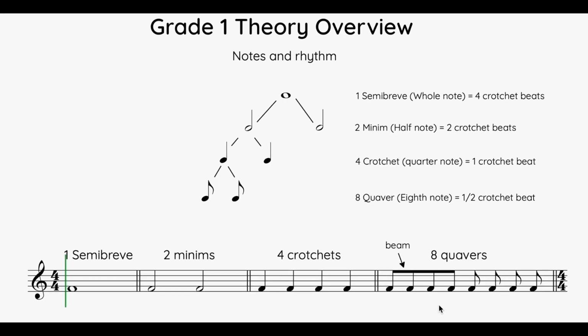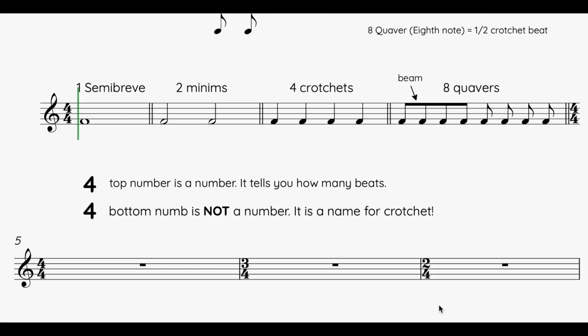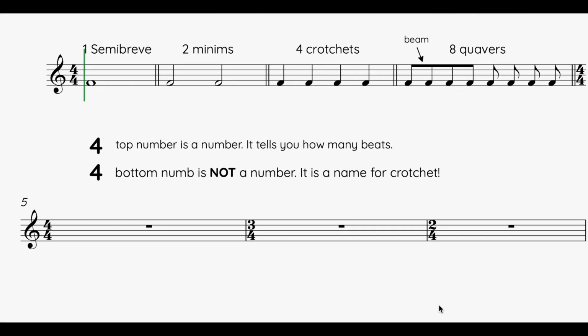Now, how do we put together our time signatures? All right, let's see if we can play around with this a little bit so that we understand it a bit more. What is a time signature? Well, what we do is we group beats together in a certain number of beats. So, for example, we could have a group of 4 beats.